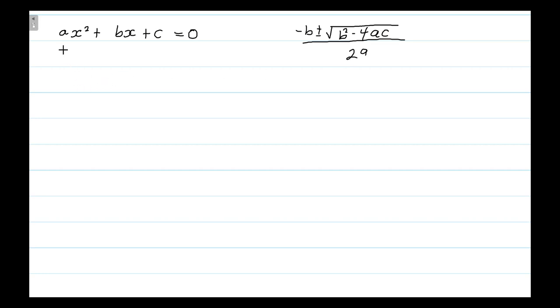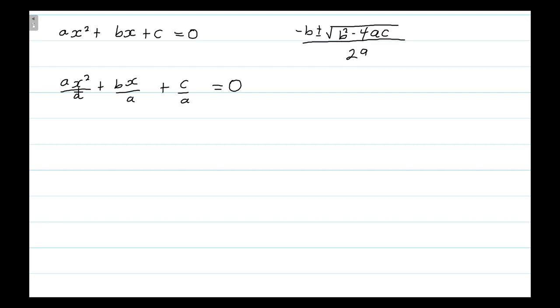The first step is to divide each term in the equation by a. Ax squared divided by a plus bx divided by a plus c divided by a equals 0 divided by a, which is still 0, so we write 0 over here.